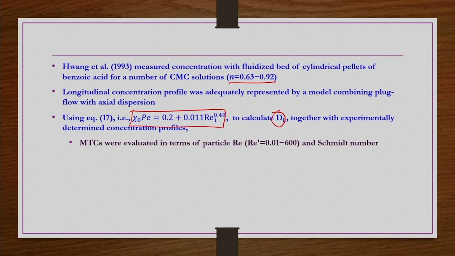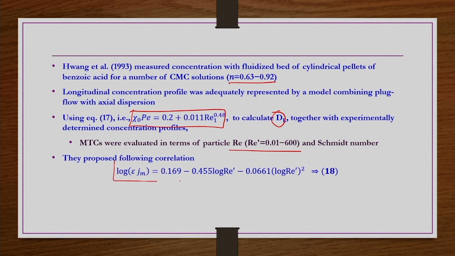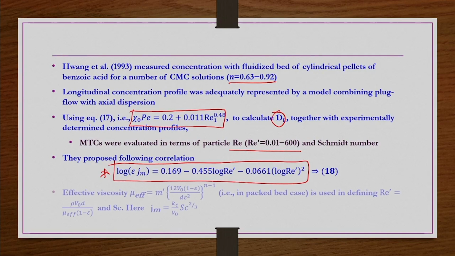Mass transfer coefficients were then evaluated in terms of Re prime between 0.01 to 600 and Schmidt numbers varying, and they proposed this correlation. So, all these correlations, Kumar and Upadhyay or Huang et al., are from experimental studies, and their experimental results are empirically correlated.